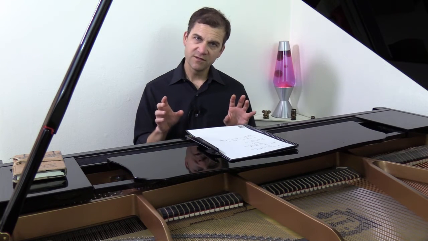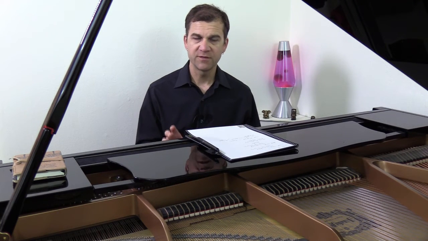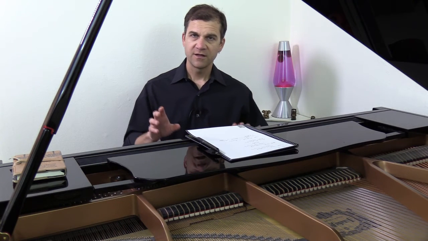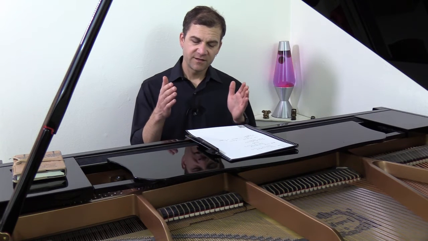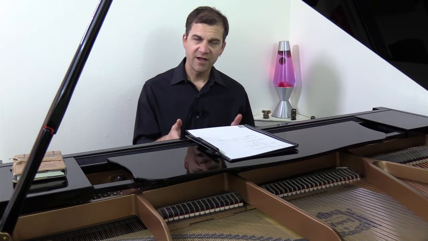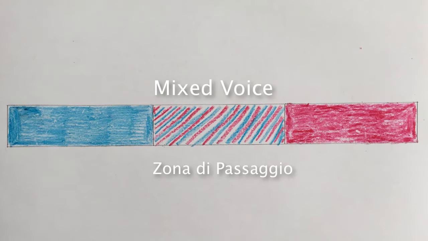And this gets to another term that is frequently used called mixed voice. It gets used in a variety of different ways. And here, the mixed range is the area that has the two colors in it.